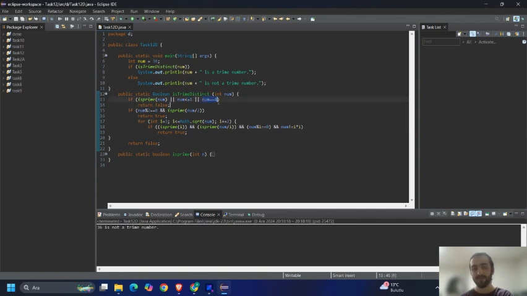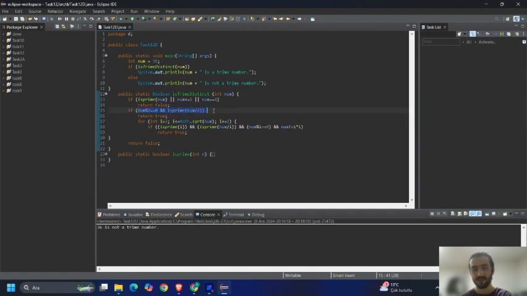And there's also 4 in here because the code itself doesn't catch the 4, so I had to hard code it in here. In this line we are basically checking all the possible even prime numbers.